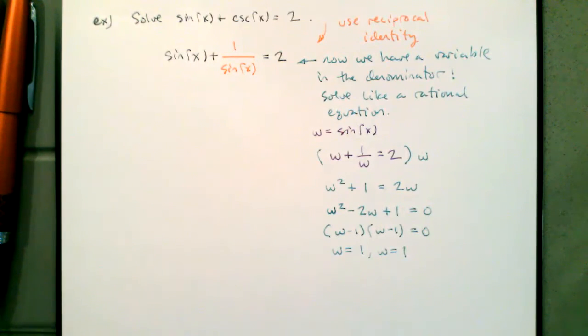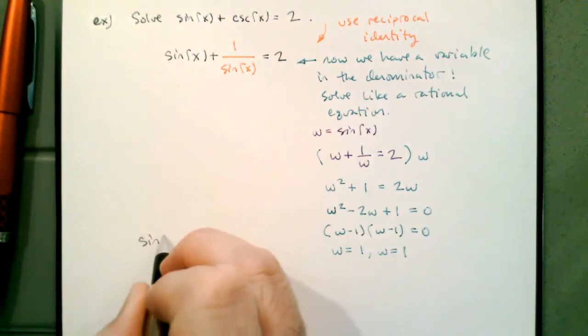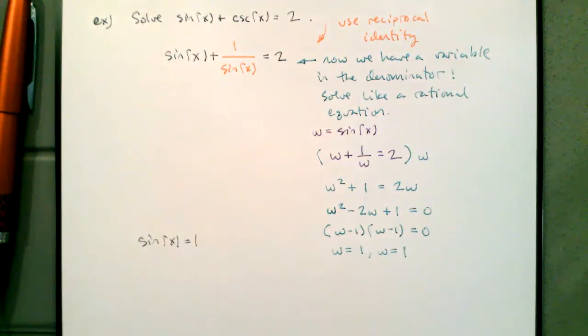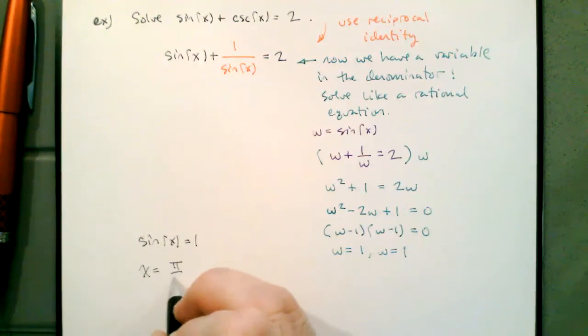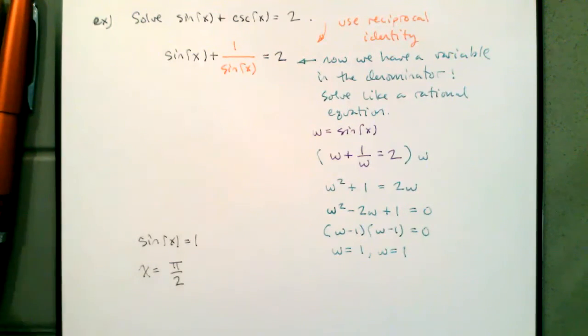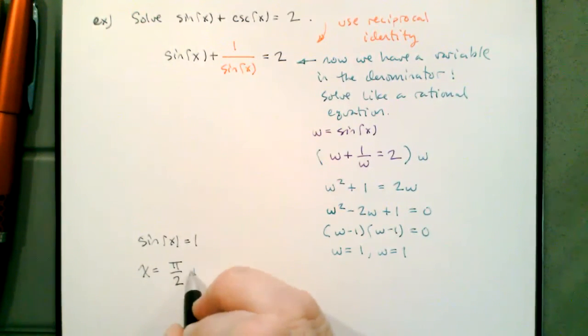We can take that back over to the sine side of things and just solve the equation sine of x equals 1. If we think about the graph of sine of x, it is equal to 1 at pi over 2. That's the only time sine of x is equal to 1. And then we'll add multiples of the period.